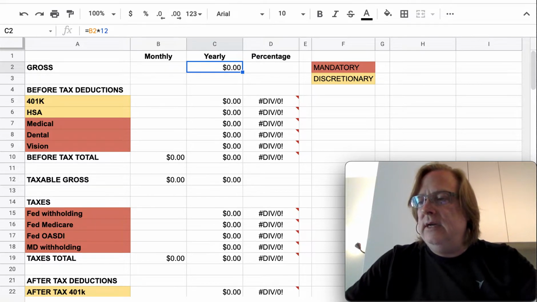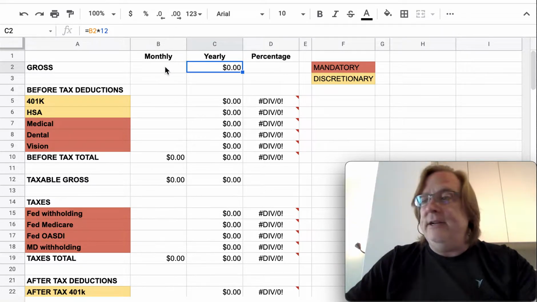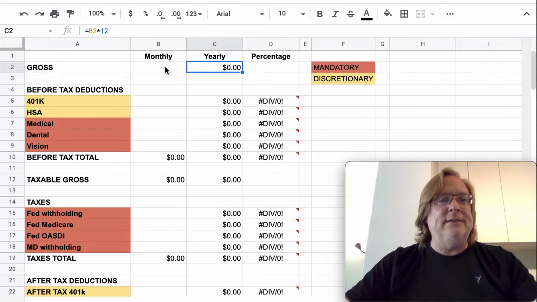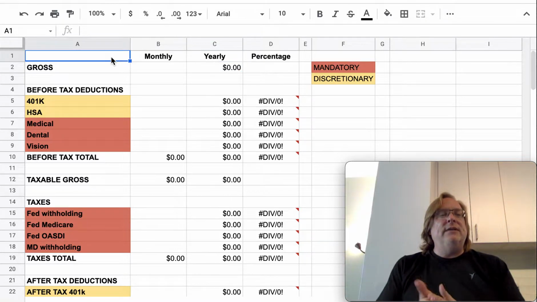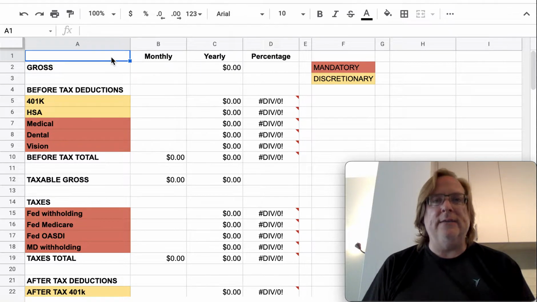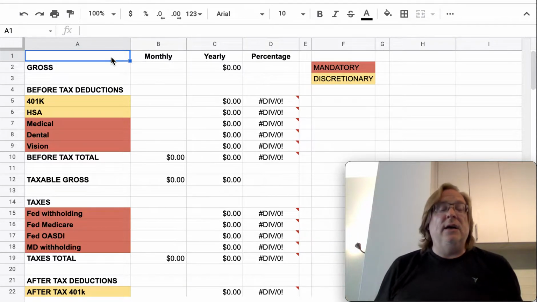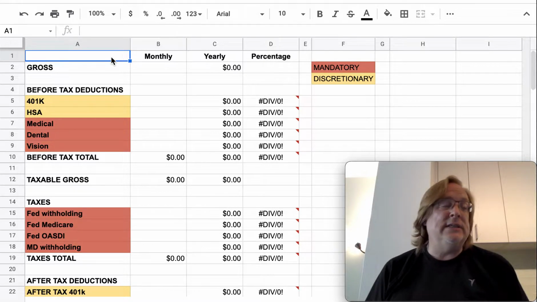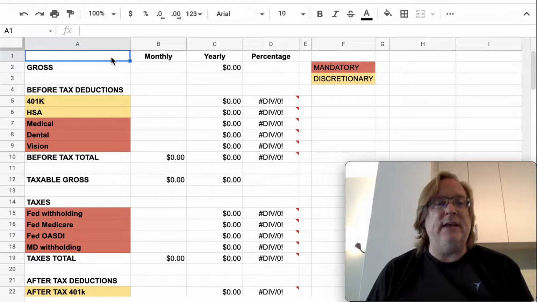All right, so I'm just looking over at my notes so that I know what numbers to tap in. One of the other things you'll notice is that I color code just a little bit the items in the budget. So I use a certain color for mandatory and a certain other color for discretionary. For me, I just made a decision. Anyone can make any other decision and it'll be equally valid for them.